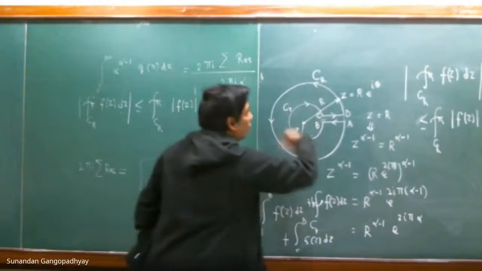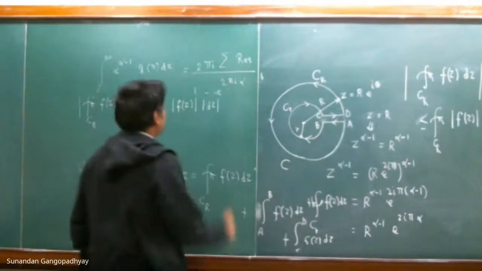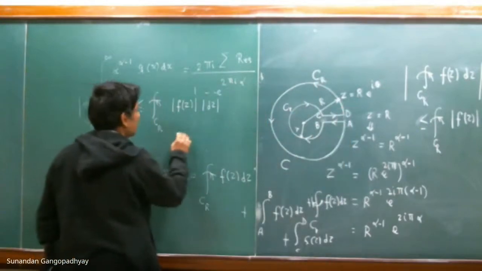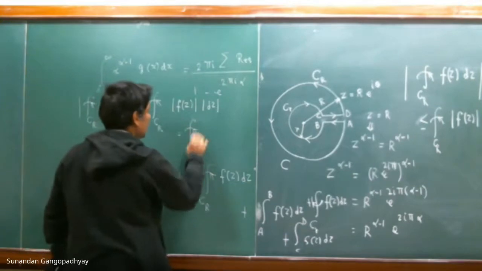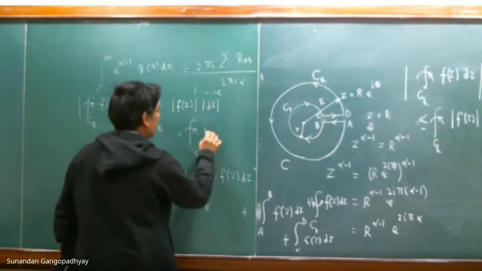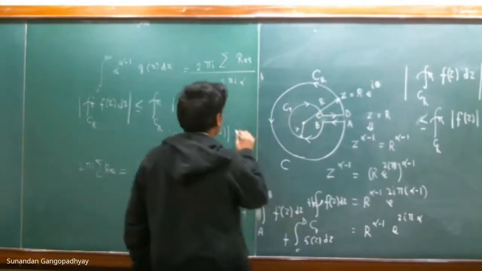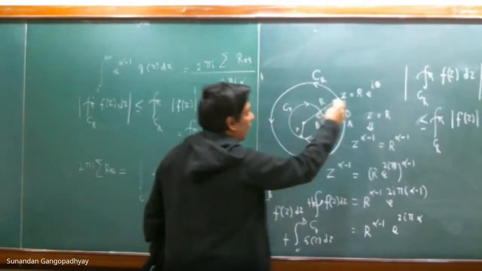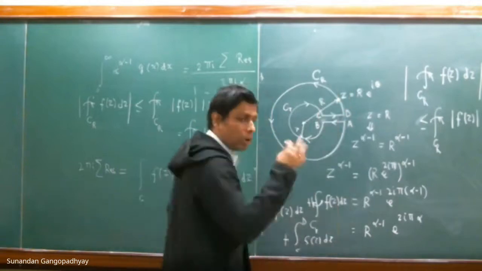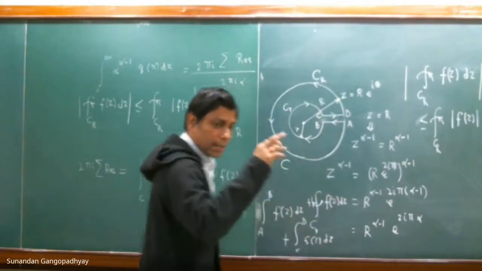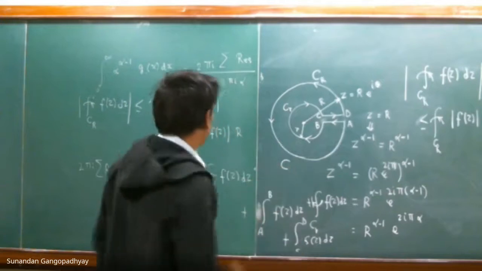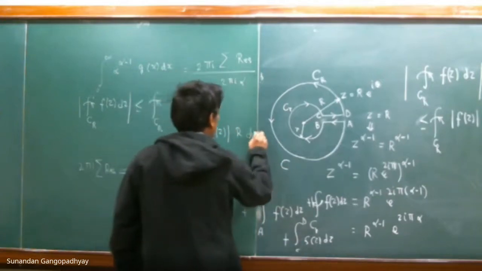But z on this contour is R e to the power of i theta. Therefore, you know what dz is. So this is nothing but the integral over C capital R of mod f(z) times mod of dz, and dz will be R i e to the power of i theta d theta. Mod i is 1, mod e to the power of i theta is 1, and you will have a d theta.